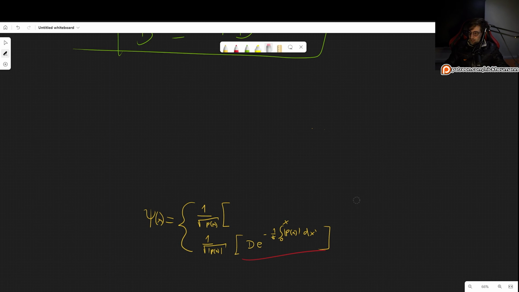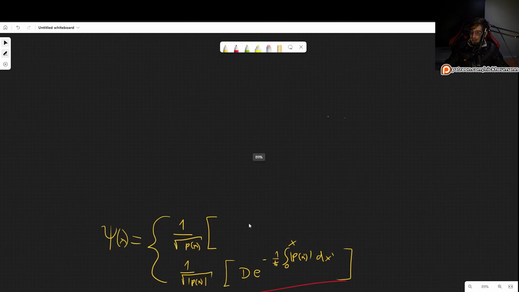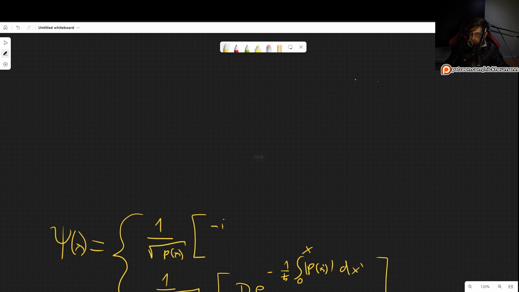So let's see. Now b is minus id, so we get minus id and then e to the I pi over 4. And then we get e to the I, and then what was it? Over h bar, integral from x, and now not to 0.